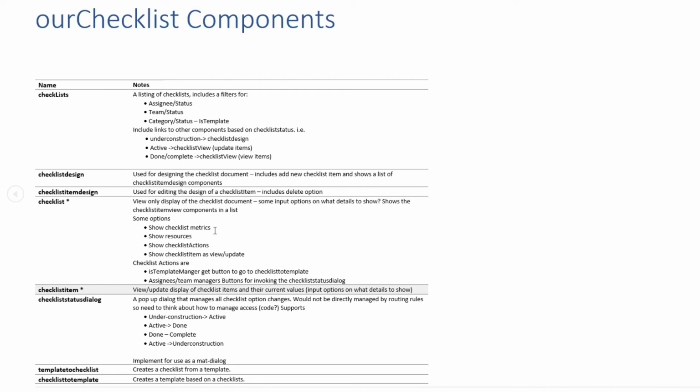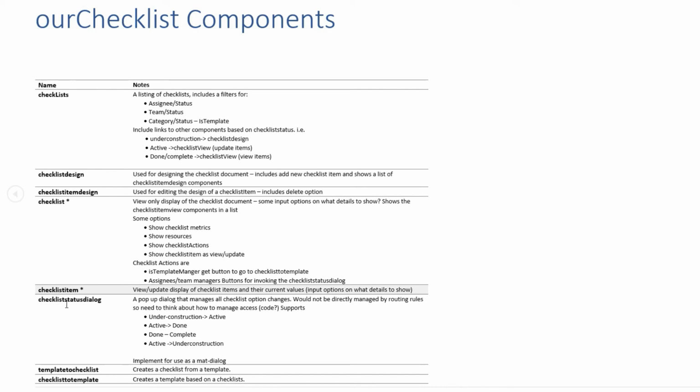Sometimes you want a more complicated view of the checklist, to see all the details, say for a printout or for archiving. Other times you just want to see the simple view for checklists that you use all the time. You really just want to fill in the values. So I'll make those options on those two. These may be fairly complicated components by the time I'm finished.